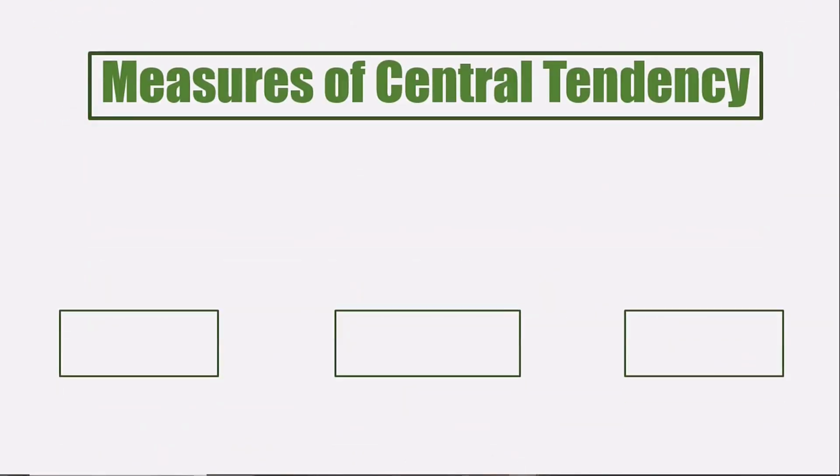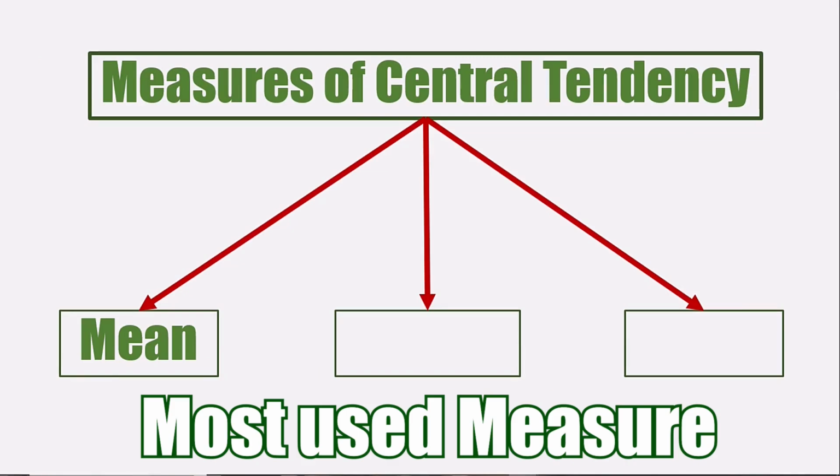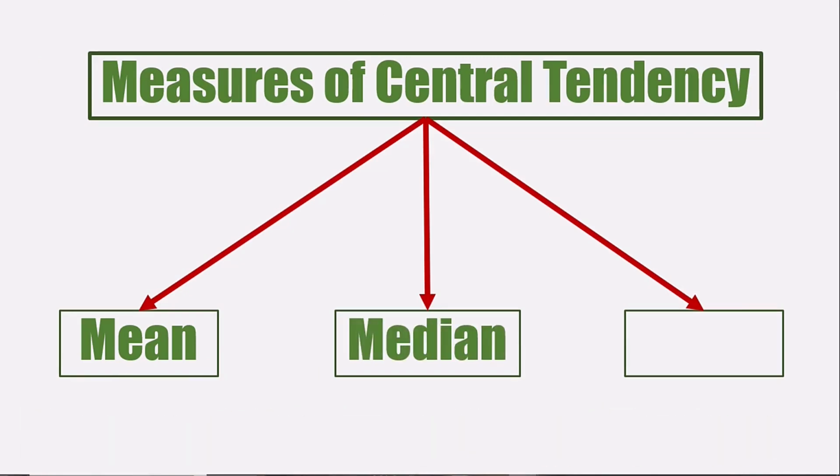There are 3 measures of central tendency: the mean, which is the most used, the median, and the mode. All 3 aim at getting one value from the center of your dataset to represent the entire dataset.